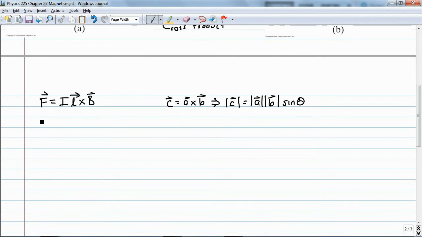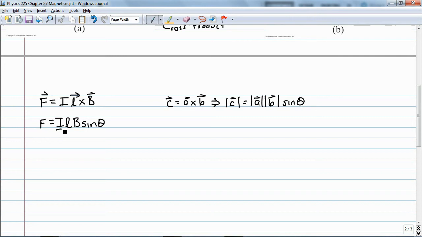So in this case, the force magnitude is equal to the current times the length that the current is in the magnetic field times the magnetic field strength times sine of the angle between them.